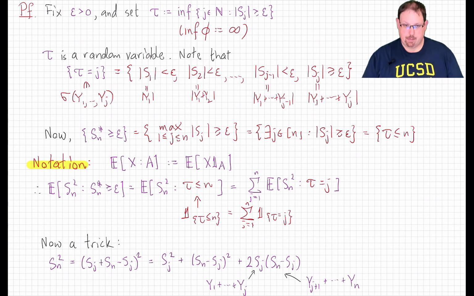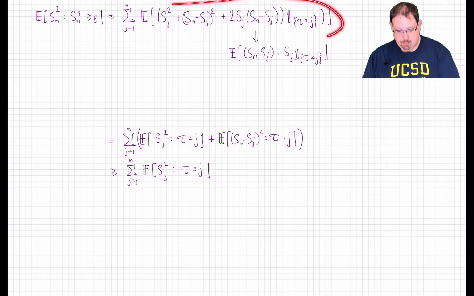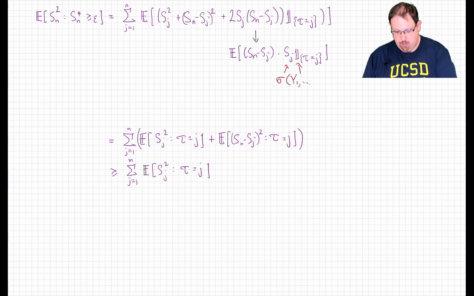which will allow us to factor this as follows. So the expected value of Sn squared, given that the maximum Sn star is bigger than or equal to epsilon, can be written as this sum of expected values. But in this cross term here, we group the indicator that the time tau is equal to j with the random variable Sj, and notice, as we just said, that each of these is measurable with respect to the sigma field generated by y1 through yj, while this one is clearly measurable with respect to the sigma field generated by yj plus 1 through yn.